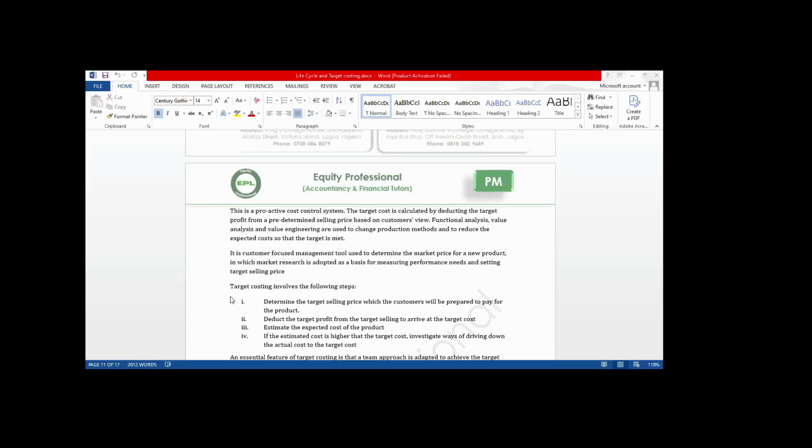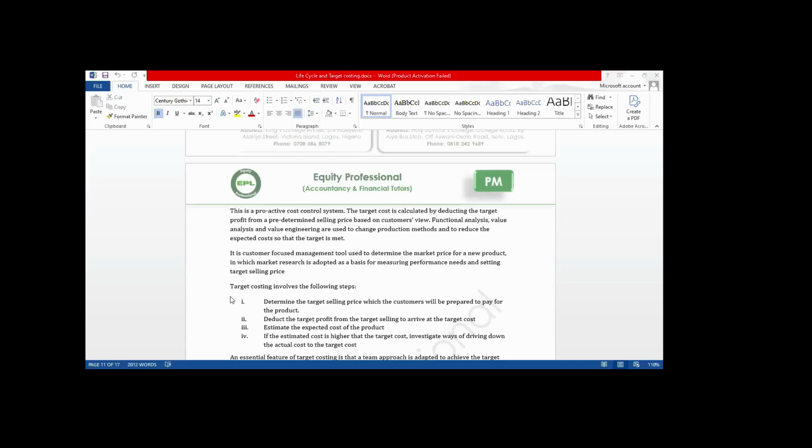We understand that the modern manufacturing environment is highly competitive.